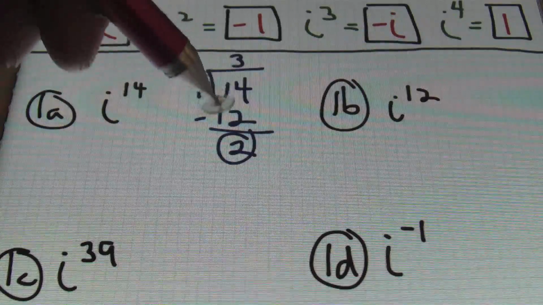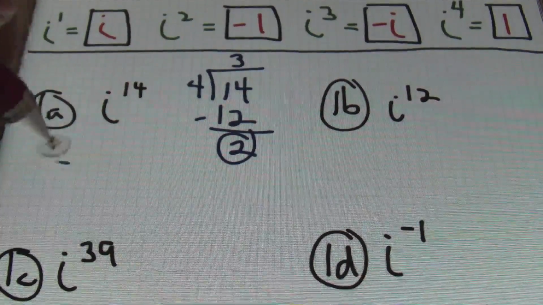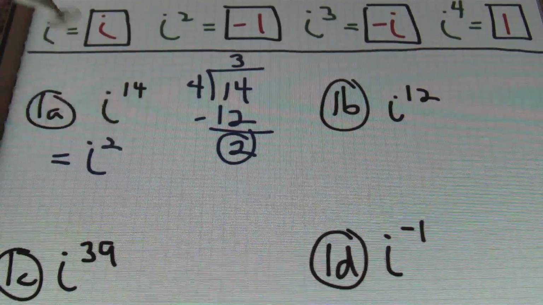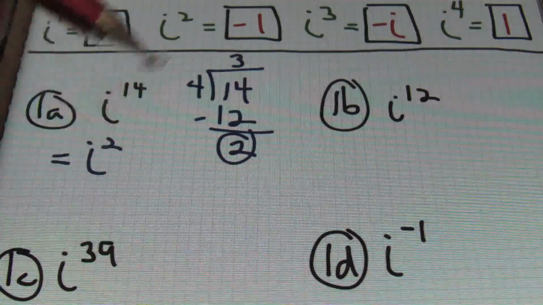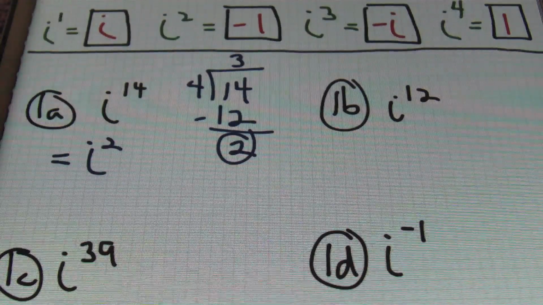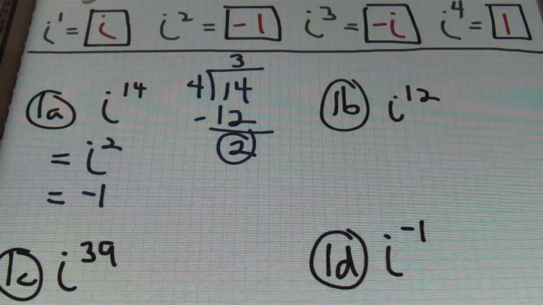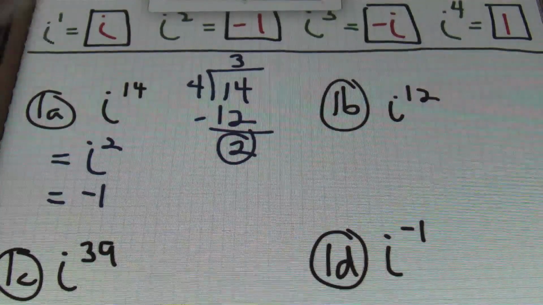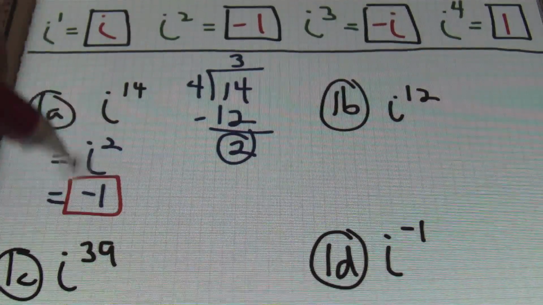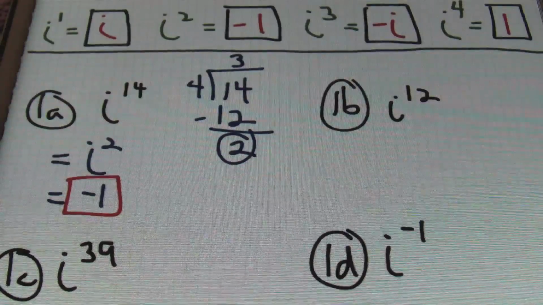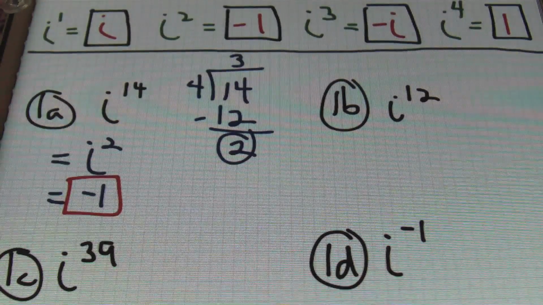It's this remainder that we'll use to convert i to the 14th power into i to the second power. And remember, i squared is equivalent to -1. So this answer here is -1. Done. Let's go ahead and put a red box around that.